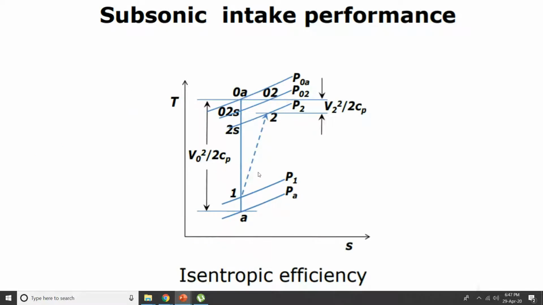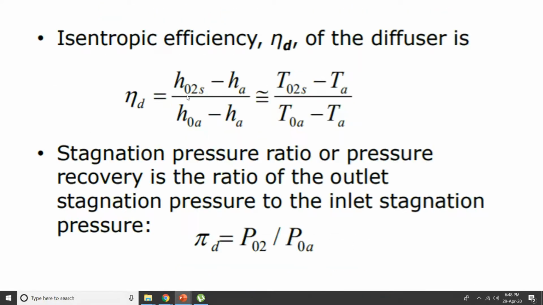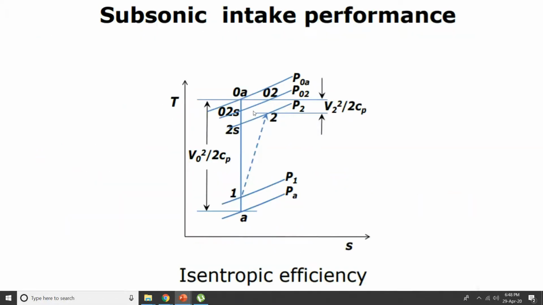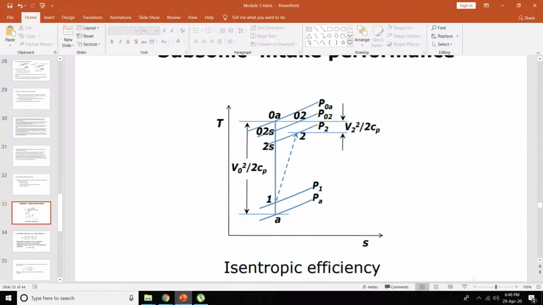So if you see 0 to s, from this point to this point, 0 to s is your actual stagnation point. So a to this one, so h_s0 to s minus h_a divided by h_0a minus h_a. Okay, I think I should keep this parallelly.